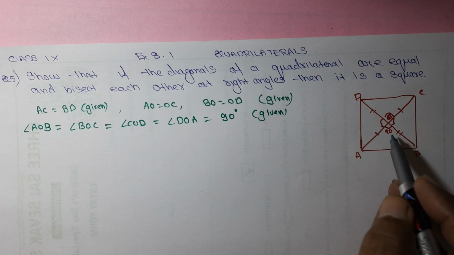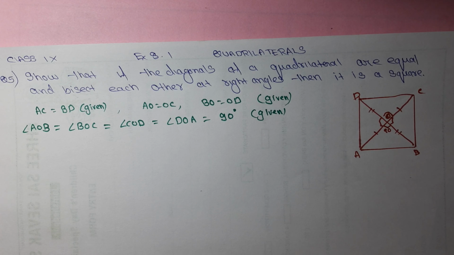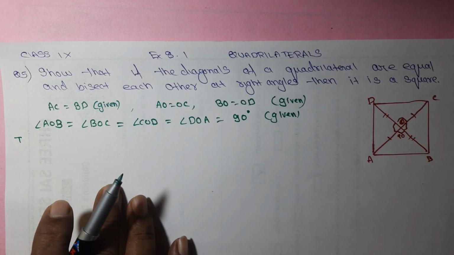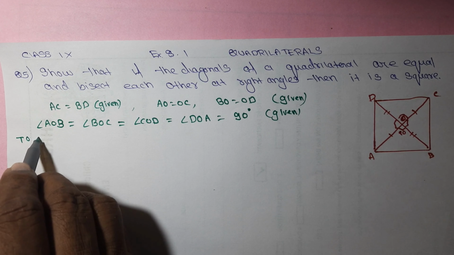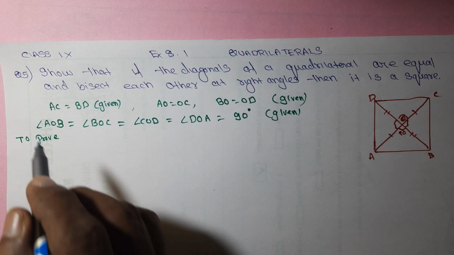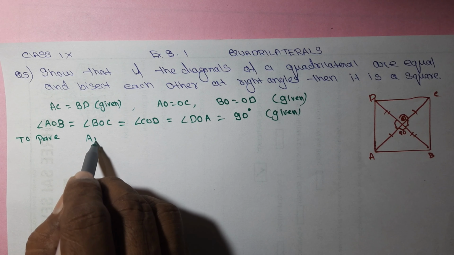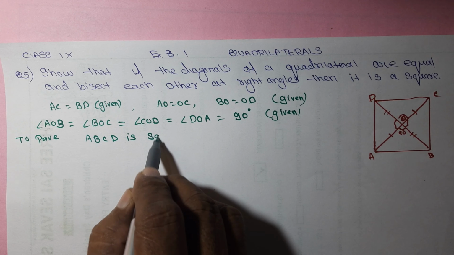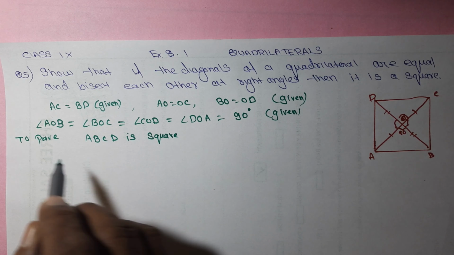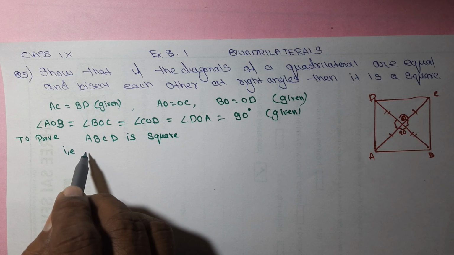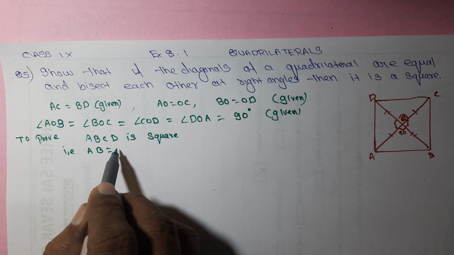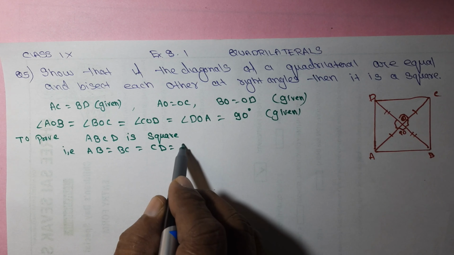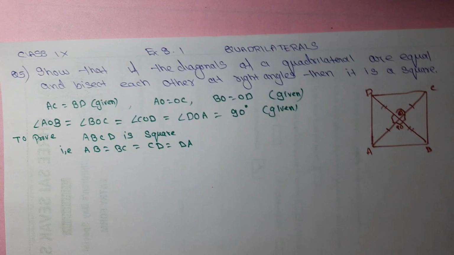Each angle at the center is equal to 90 degrees. This is also given. Now what to do? We have to prove. What to prove? That ABCD is a square. That means AB is equal to BC is equal to CD is equal to DA. This we have to prove.